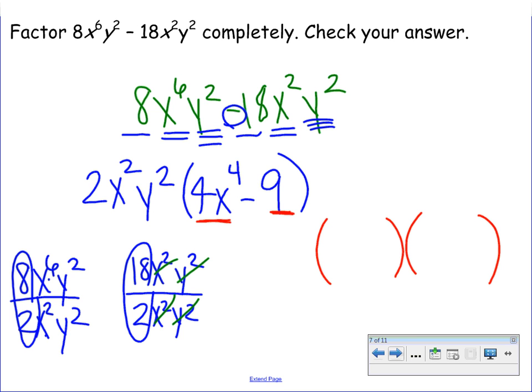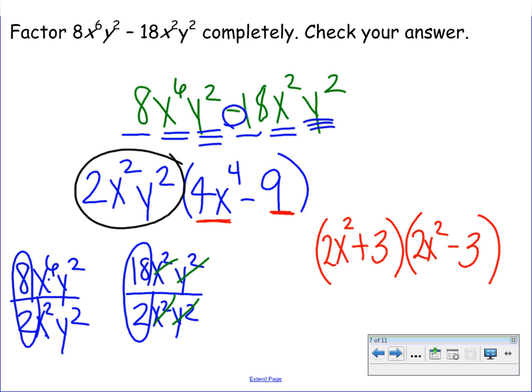I need to think, what does this first term have to be so that when I FOIL, I would end up with a 4x to the 4th? It would have to be 2x squared and 2x squared. Now, what's the square root of 9? 3. But I need that middle term to go away. That means I need 1 positive 3 and 1 negative 3. Okay, now what can I not forget?